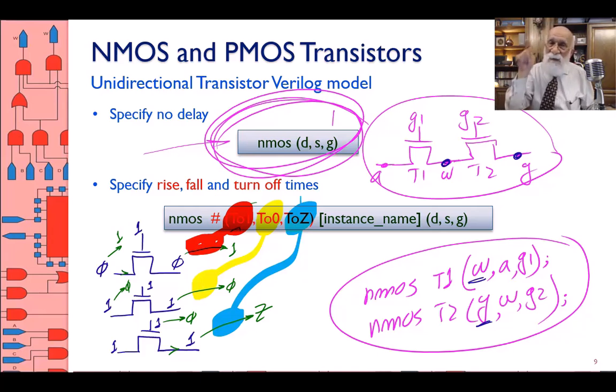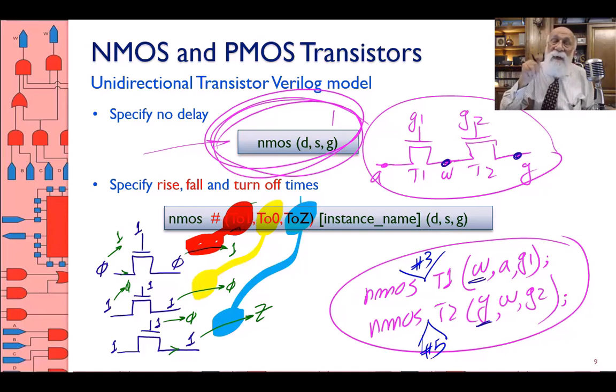Then all 3 delays are that 1. Therefore, I can say NMOS and here put a sharp sign 3. It means that all the delays are 3 nanoseconds. Sharp sign 5, all the delays are 5 nanoseconds. And that's a transistor model.